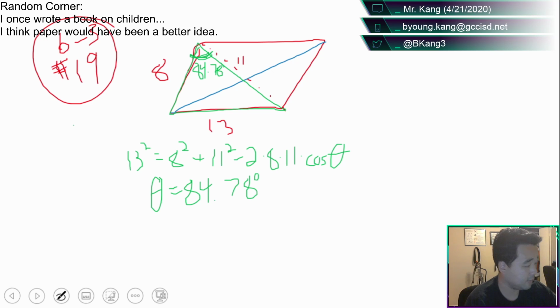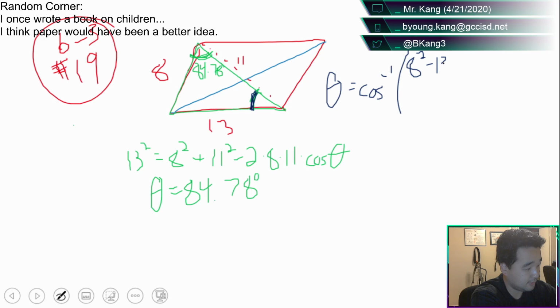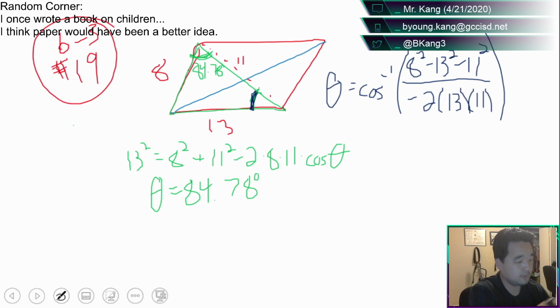Okay, let's do the same thing over here. Oh, I guess I should use a different color. Dark blue. There we go. That one's going to be almost the exact same setup, except the 8 squared is going to go out first. So that one, theta is going to be inverse cosine of 8 squared minus 13 squared minus 11 squared. Like that.